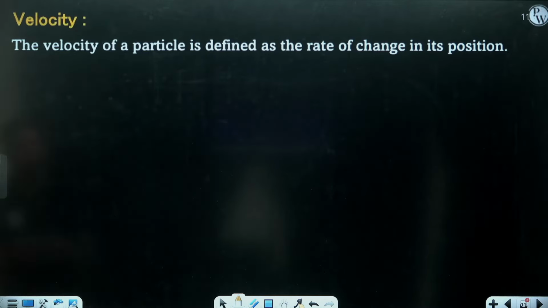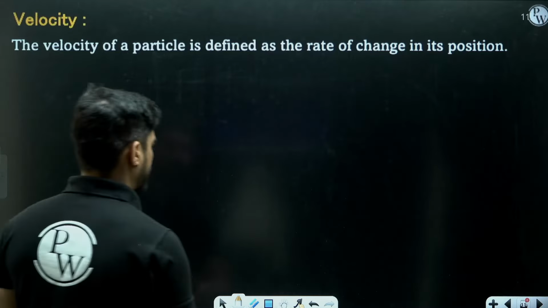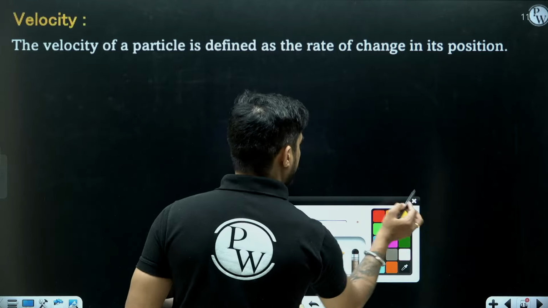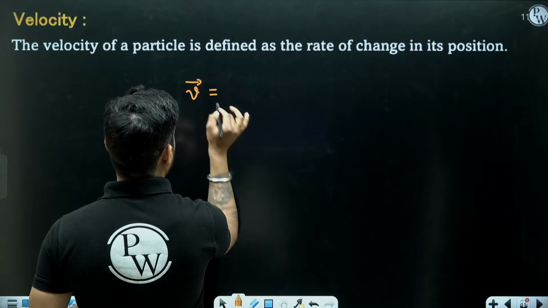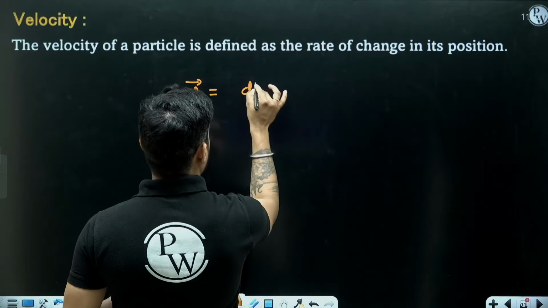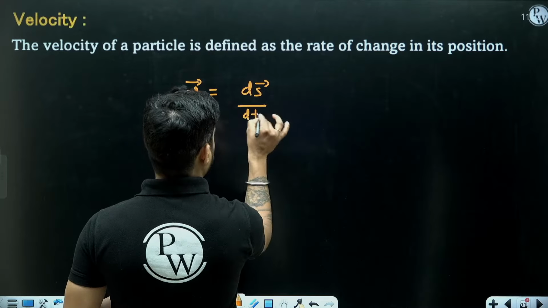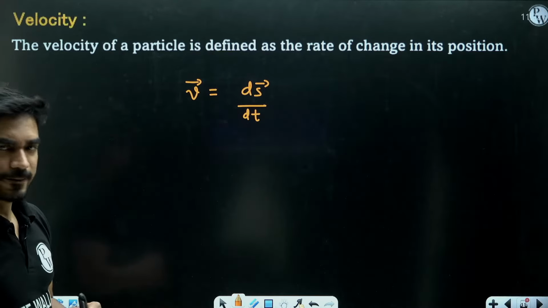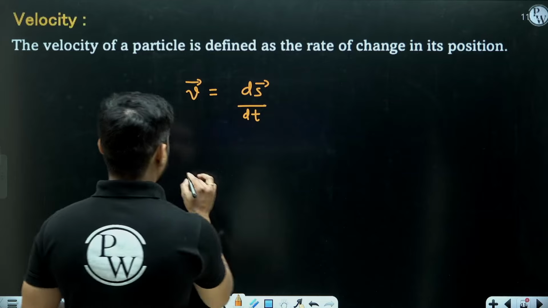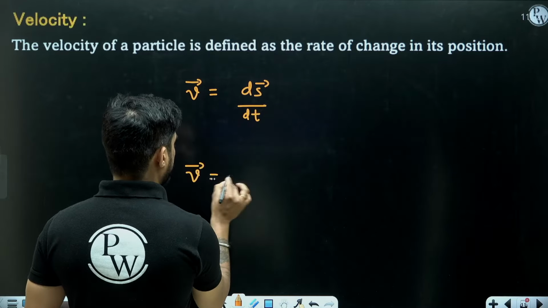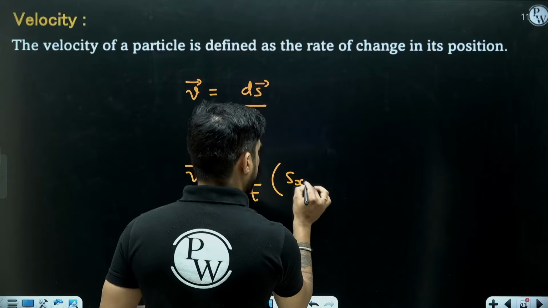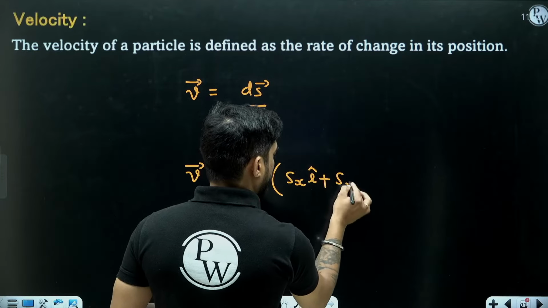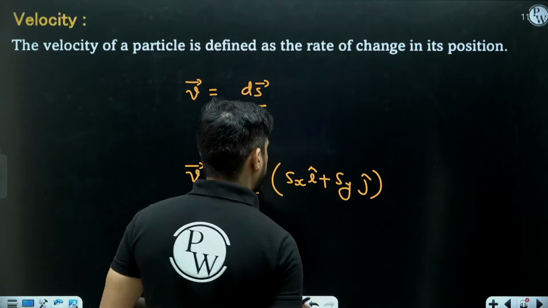Okay. Let's move on to the next motion variable, which is the velocity. Velocity is defined as the rate of change of position, and we have already defined the instantaneous velocity, V equal to ds by dt, right? Now here the displacement vector is sx i cap plus sy j cap, right?